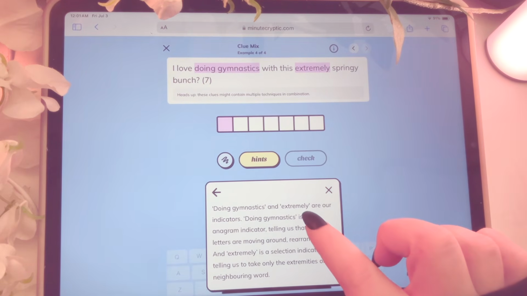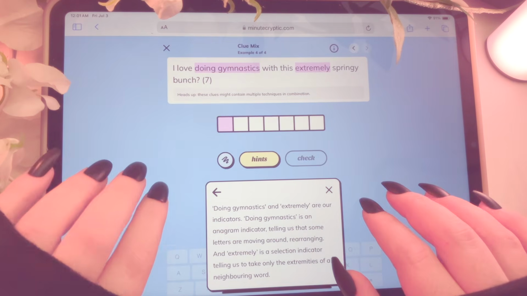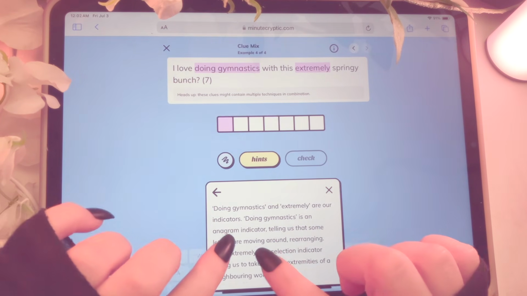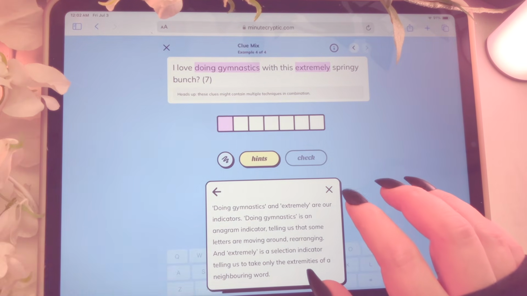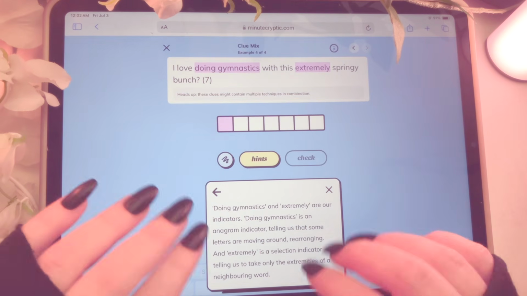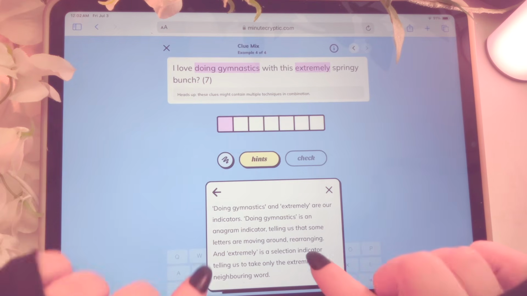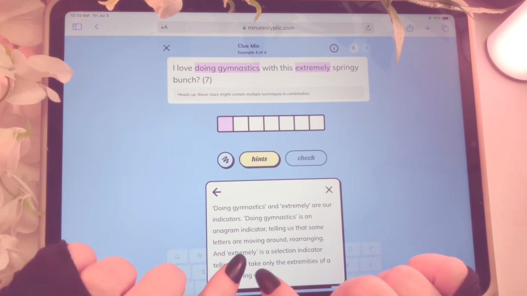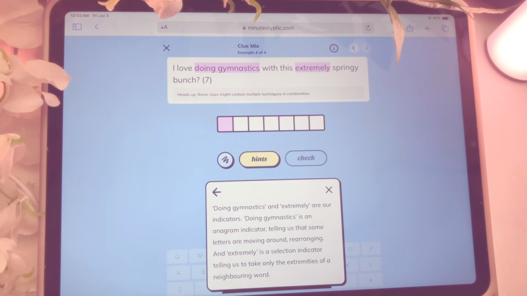Doing gymnastics and extremely are our indicators. Doing gymnastics is an anagram indicator, telling us that some letters are moving around, rearranging. And extremely, yes, is a selection indicator, telling us to take only the extremities of a neighboring word.